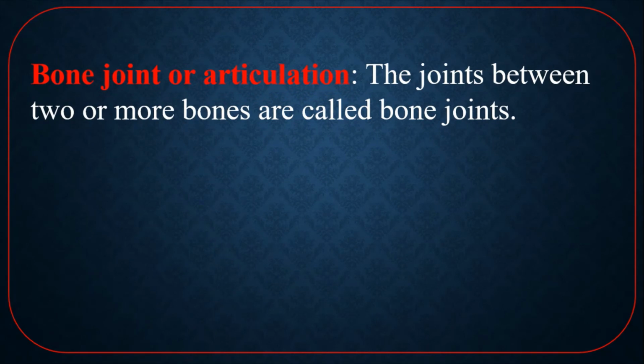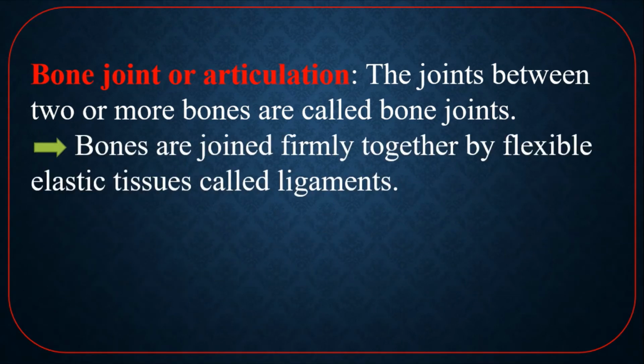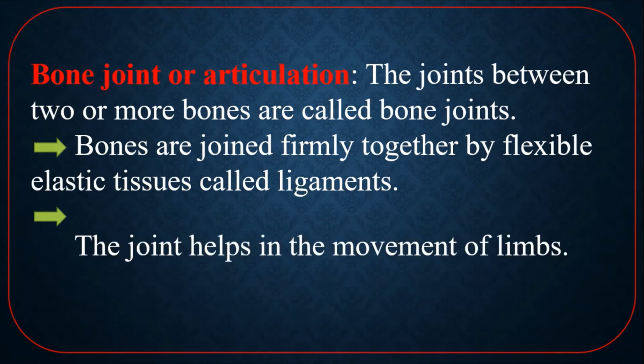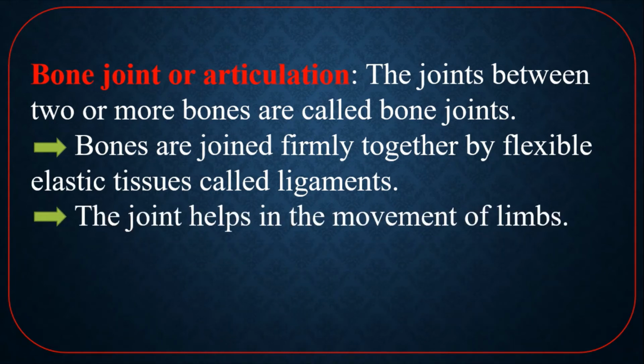Bone joint or articulation. The joints between two or more bones are called bone joints. Let's know some information about bone joints. Bones are joined firmly together by a flexible elastic tissue called ligament. The joint helps in the movement of limbs.